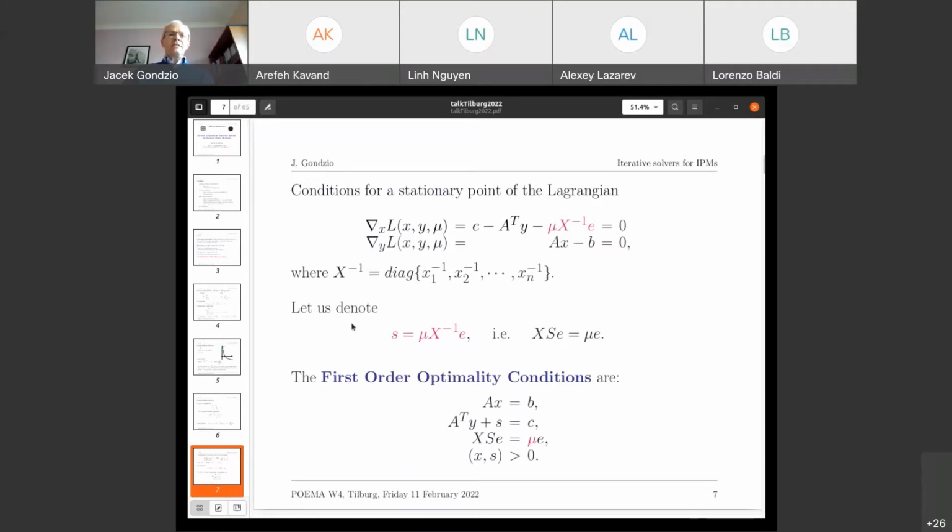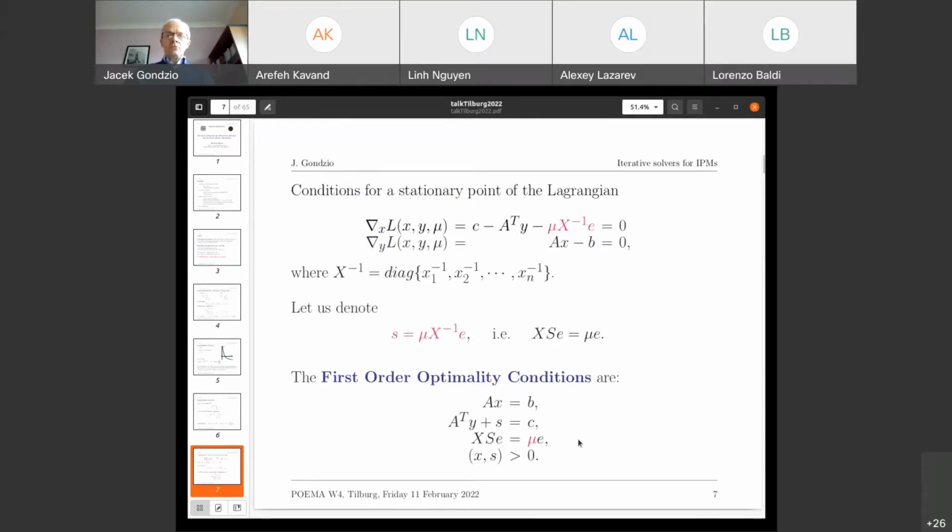And after a substitution in which this object, μ X inverse e, is replaced with a new letter s, which, by the way, is equivalent to saying that capital X times capital S times e is equal to μe, we obtain the first order optimality conditions for the barrier subproblem.